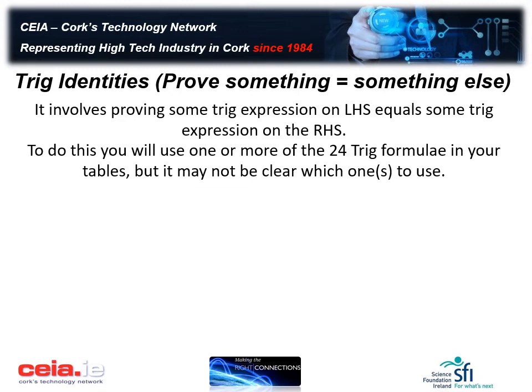And to do this, we will use one or more of the 24 trig formulae in pages 14, 15, 16 of our tables, but you have to figure out which ones we should be using. Now, this can be a difficult topic. We are certainly getting into more difficult territory with these kind of problems.